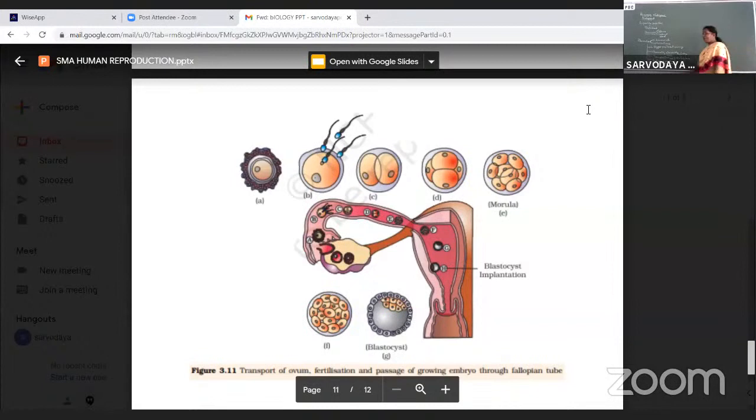Second, it is going to help in removal of carbon dioxide and excretory waste from the embryo. What is the third one? It is going to help in transportation or exchange of all substances between the mother and the embryo. Last function, very important, the placental cells become endocrine in function.